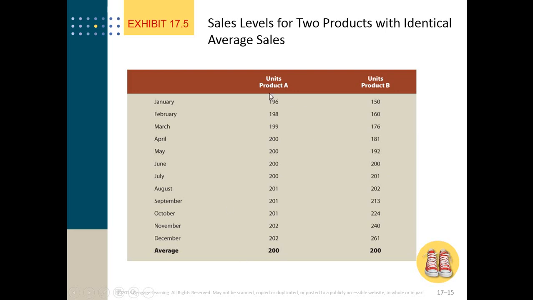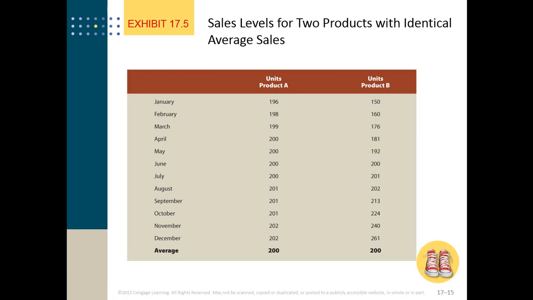For example, for product A, the lowest sales is 196 and the highest sales is 202. The spread between the lowest and highest is only 6. Whereas in the case of product B, you can see that minimum sales is 150 and maximum sales is 261. So the spread between minimum and maximum sales is more than 100.